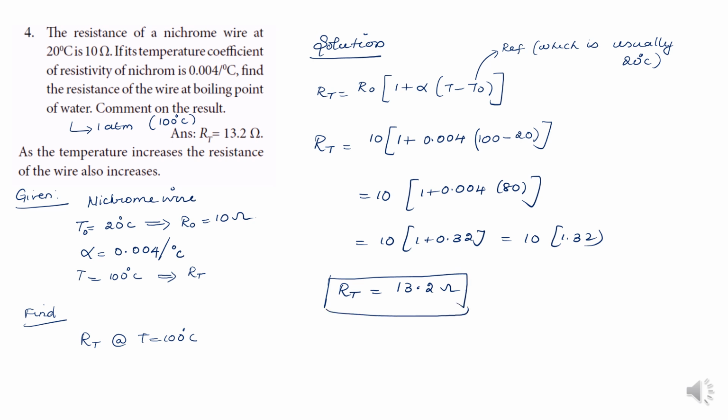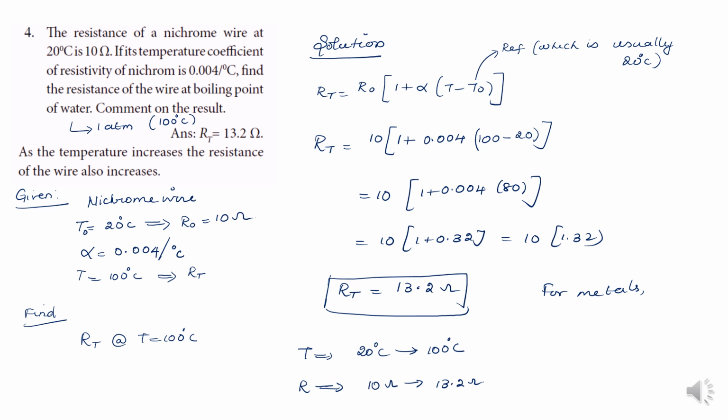So the temperature increased from 20 degrees Celsius to 100 degrees Celsius. The resistance changed from 10 ohms to 13.2 ohms. See, for metals, alpha is positive.